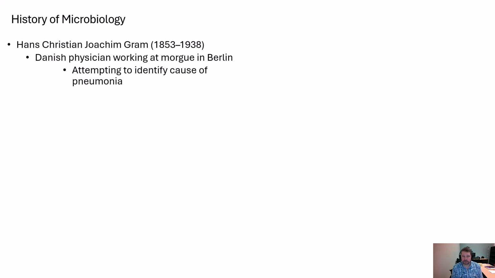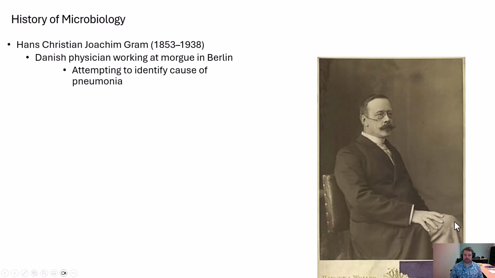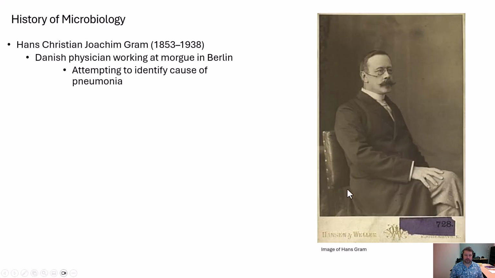People are dying of pneumonia, being sent to the morgue, and he's collecting tissue from the lung, or at least mucus from different regions, to see if he can figure out what the causative agent is. This is a picture of Hans Gram.